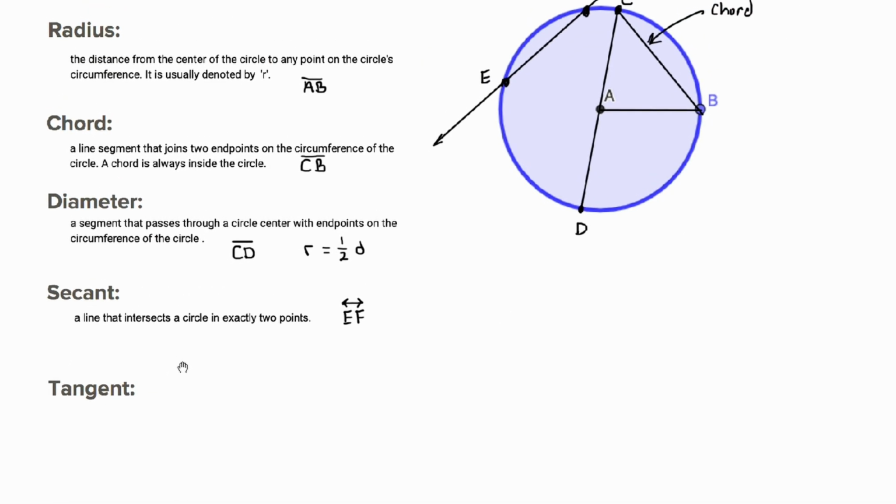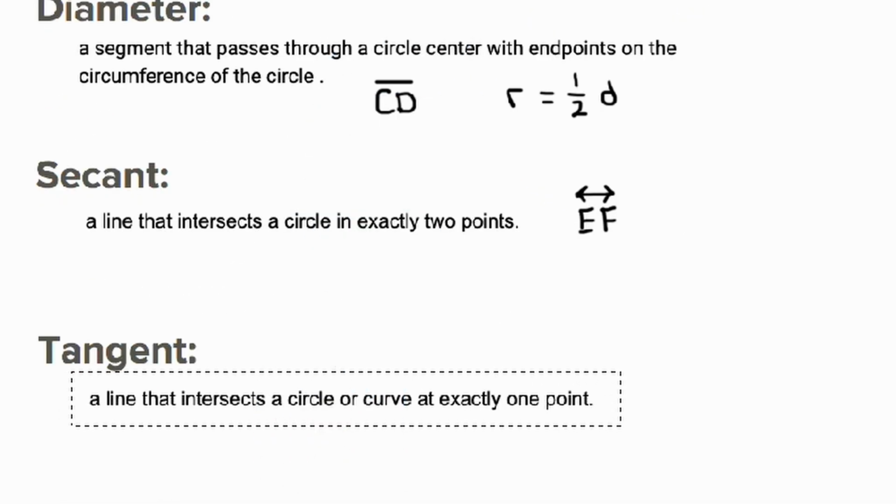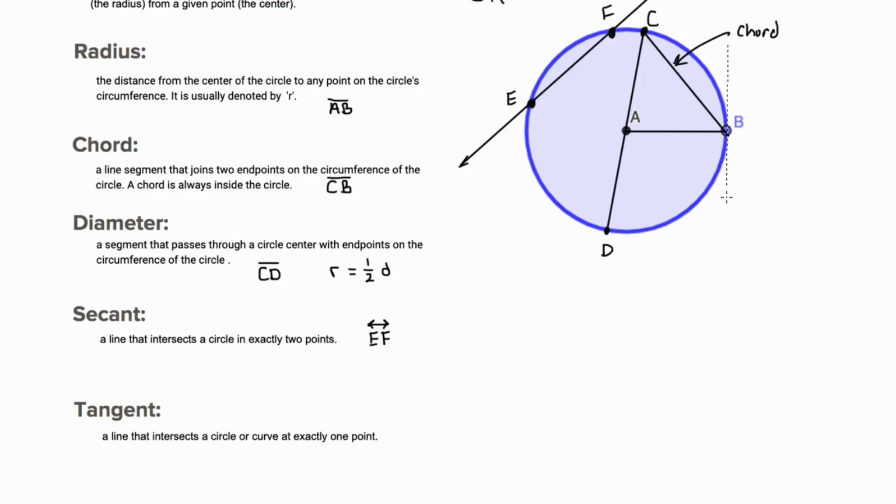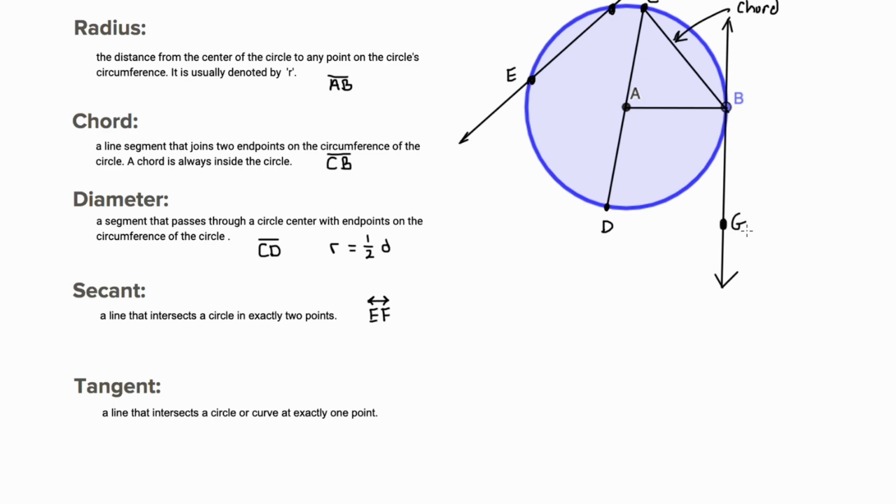Okay, tangent. A tangent is a line that intersects a circle or a curve at exactly 1 point. Let's go through right here. So I'm going to make a line here, and this line intersects circle A only at point B. And maybe I'll put another point over here and call this G. So line BG is a tangent.